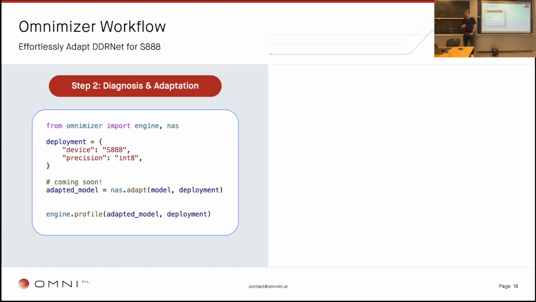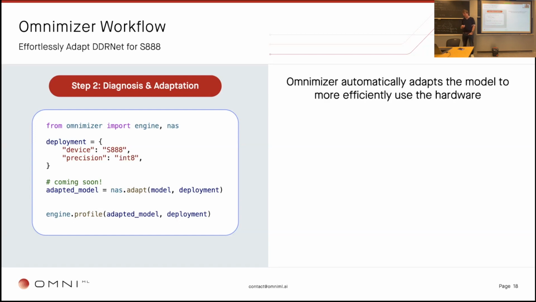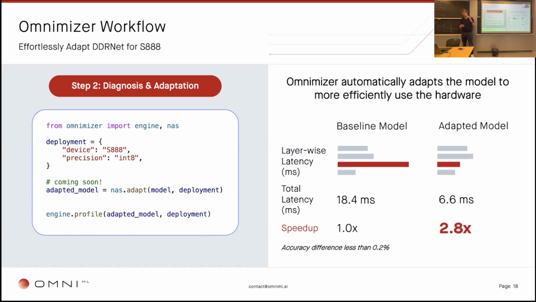So what we provide is essentially a way for you to automatically profile your model across the different operators, and also a library of standard modifications and model adaptations that are likely to give you quite a big reduction in latency, depending on the type of operators.